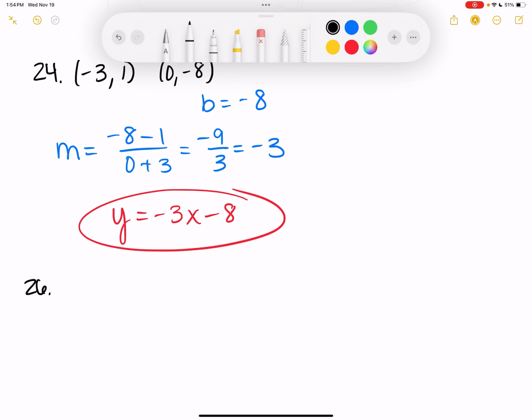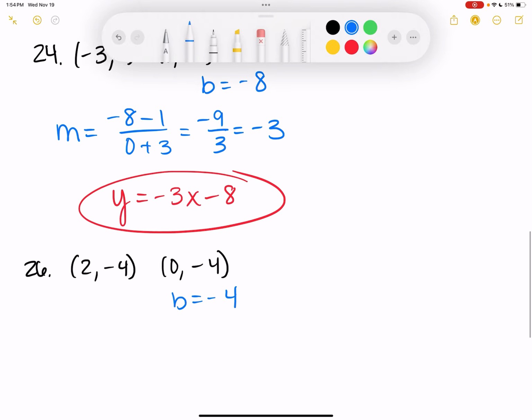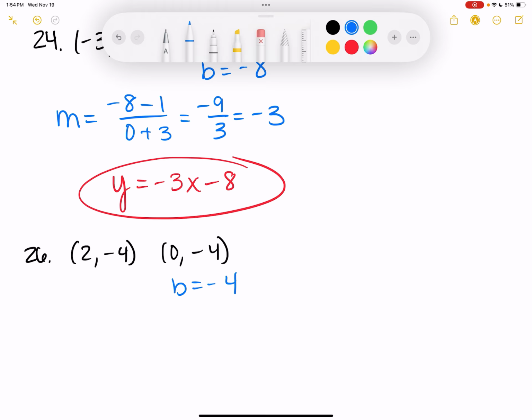26. 2, -4, and 0, -4. Alright, so what is my b? b is -4. Then slope. Somebody tell me how to set up slope.